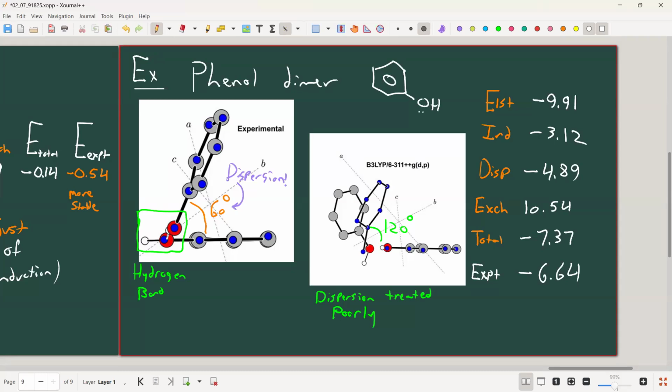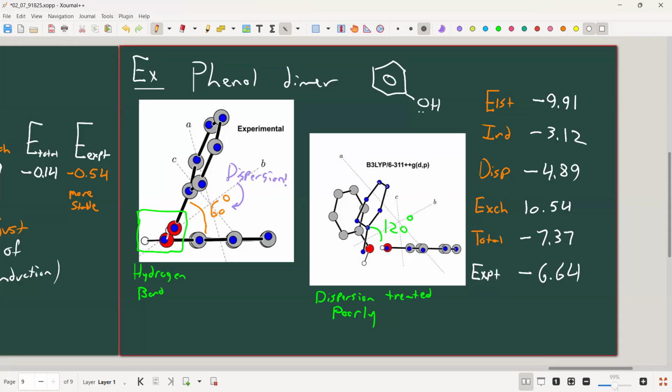We generally find in calculations that as long as you're within about a kcal, that's a good calculation, and we're within about a kcal. So this is what I would call an agreeable calculation. I can't do much better here without going to a much higher level, much deeper calculation. But it gets you the right idea: this is a system where dispersion and electrostatics compete quite a bit.